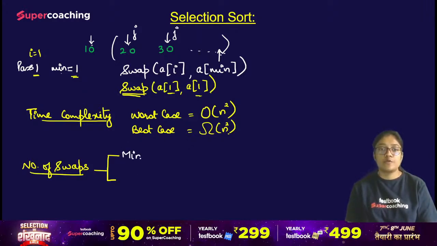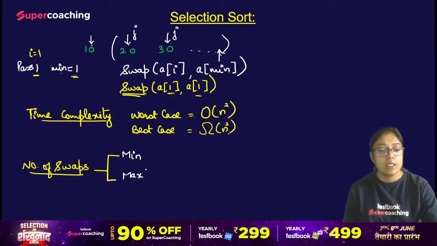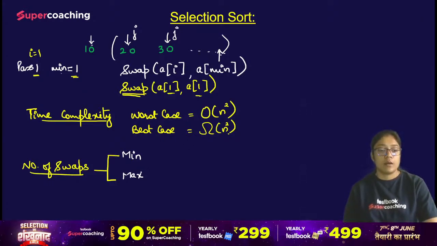Answer? And average case too will be n square? Yes. It will be n square only. 1 is the minimum number of swaps. One minimum swap is required.